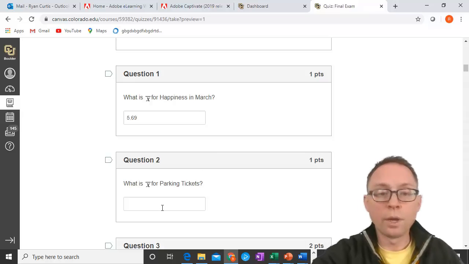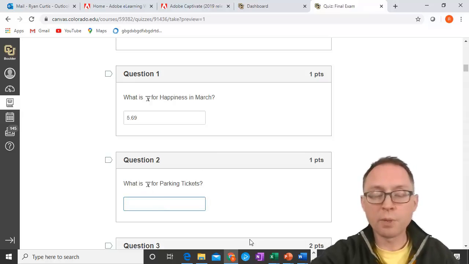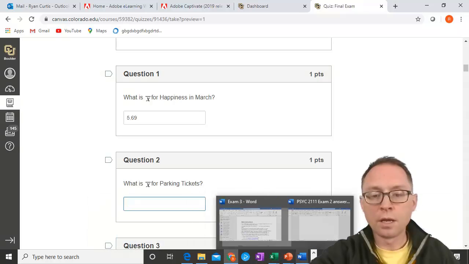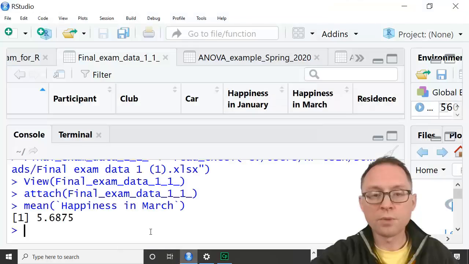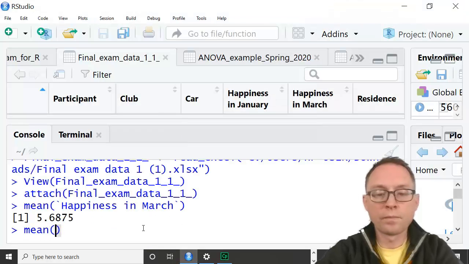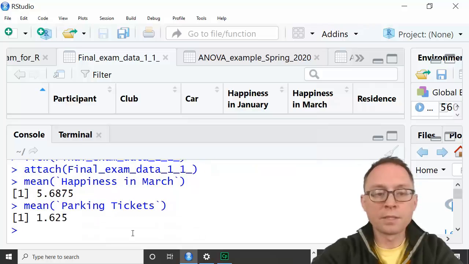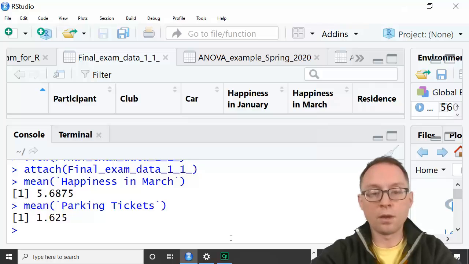Next question, what is the mean for parking tickets? X bar is the mean, that's all that's asking. So let's just go ahead and do this in RStudio, might as well. Mean, in parentheses, parking tickets, 1.625, we should say 1.63 in our answer, or we can do it the other way, which is on Excel.